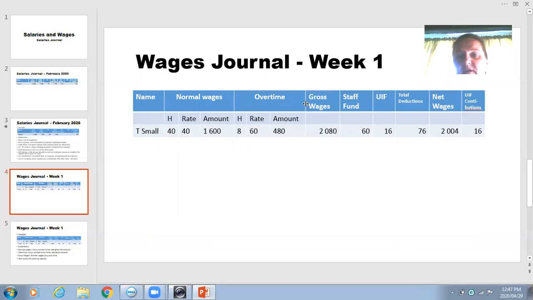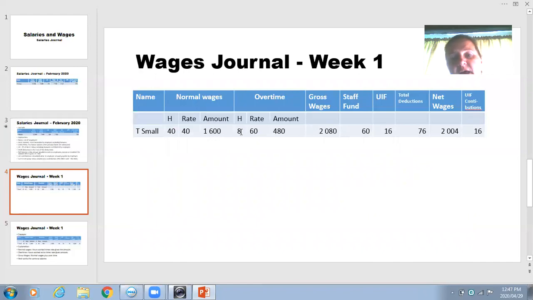My wages journal looks similar to the salaries journal. The only thing that's added is, prior to the total, my gross wage. This gross wage will comprise, as I explained to you earlier, my normal wage and my overtime. So normal wage will be at a rate per hour. In my example, I've got my 40 hours and I've got my rate of 40 Rand. So in total per week, this person gets a normal wage of 1,600 Rand.